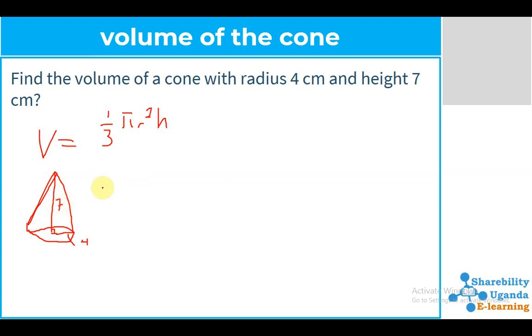So our volume will be equal to one third times our pi, which is 3.14, times our radius squared, which is 16, times our height, which is 7.